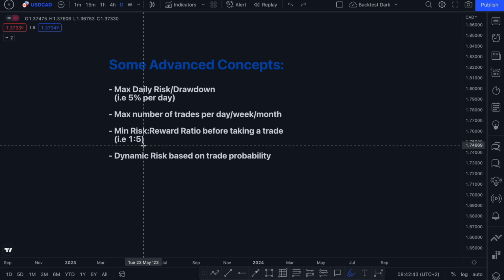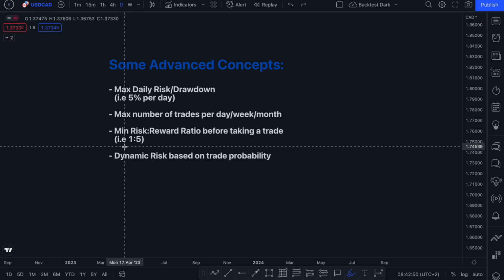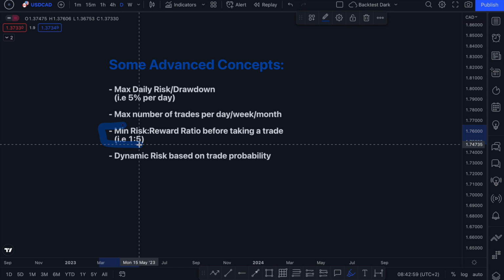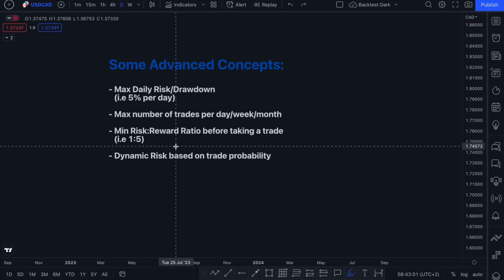You can be profitable, don't get me wrong, but with the approach to trading that we have, you can afford to look for trades that are 1 to 5, 1 to 10, all right, 1 to 8. And once you have a minimum risk reward ratio that you're looking to be satisfied, not only are you increasing your chances of being profitable over time, but you're also eliminating those trades that may be slightly lower probability, all right?